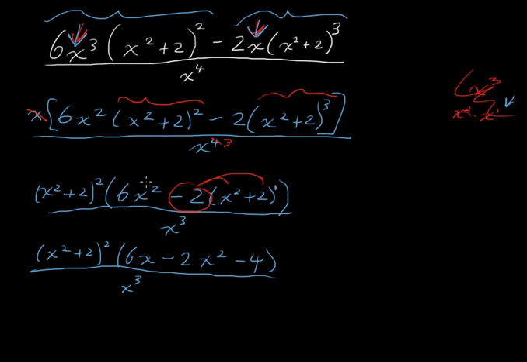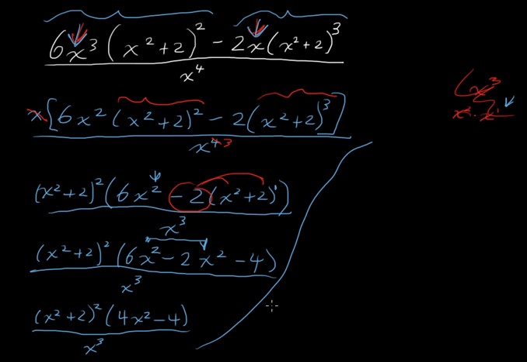We'll combine, oh, this was 6x squared. I better be careful there. 6x squared there. We'll combine these two like terms to make it a 4x squared. So we have now x squared plus 2 quantity squared times 4x squared minus 4. All of that is over x to the third.